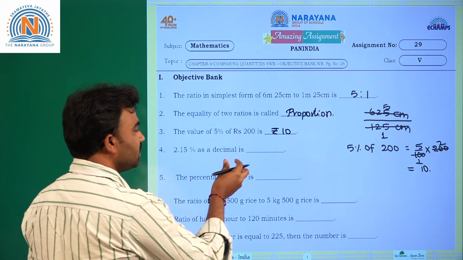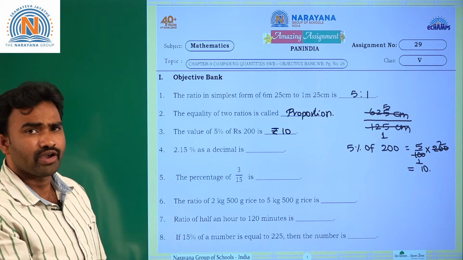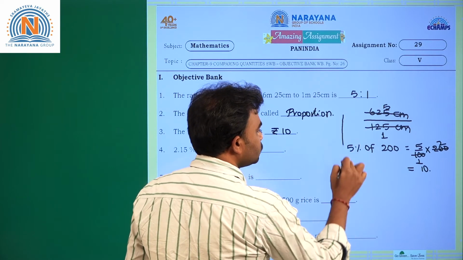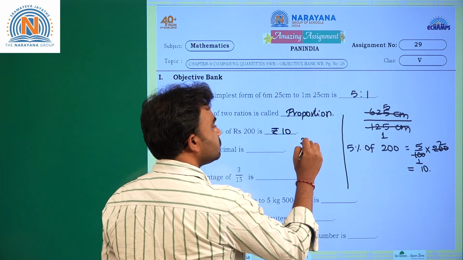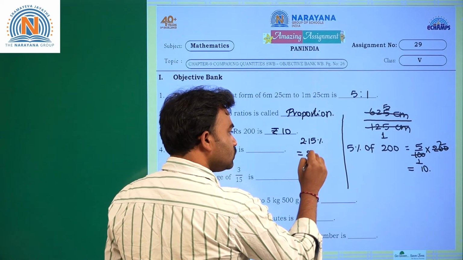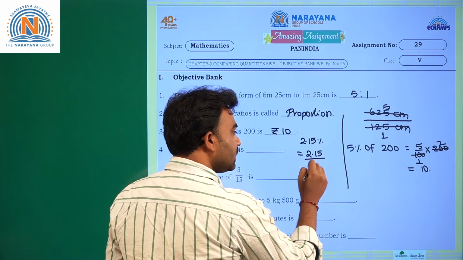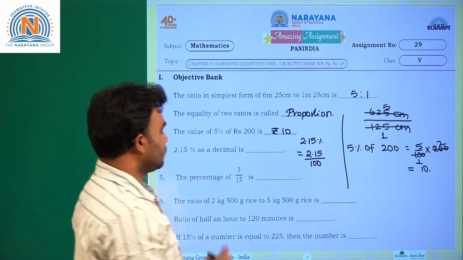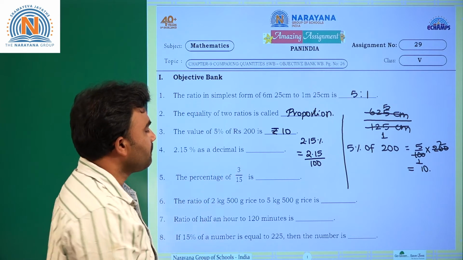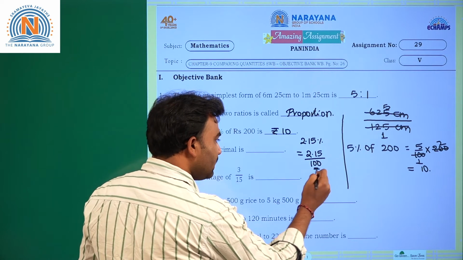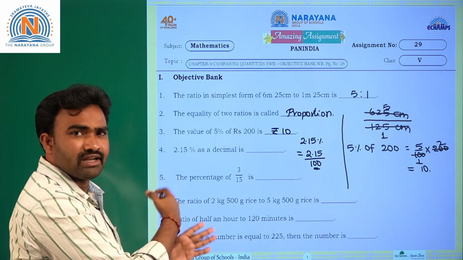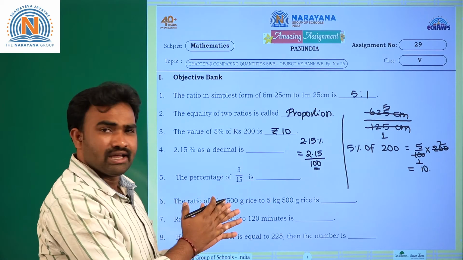Next, 2.15% as a decimal. 2.15% can be written as 2.15 by 100. As they are asking only for the decimal form, since we have 100 as denominator, if we move the decimal point to the left, we can avoid the denominator.